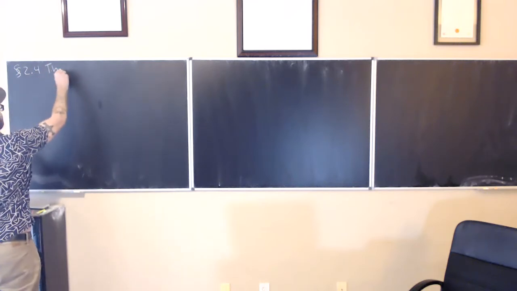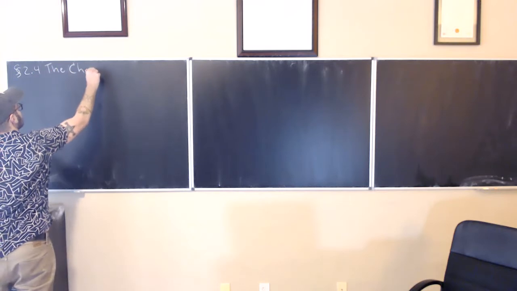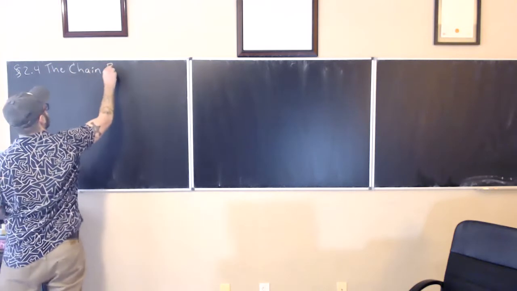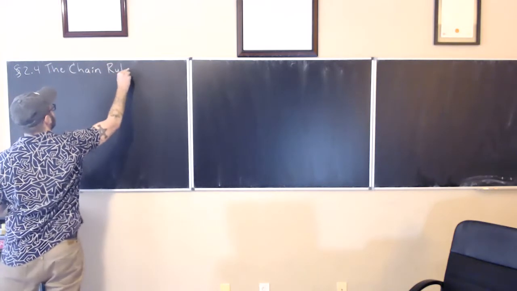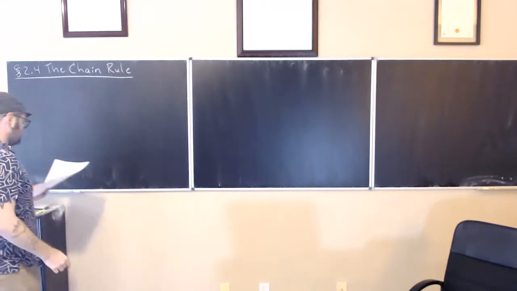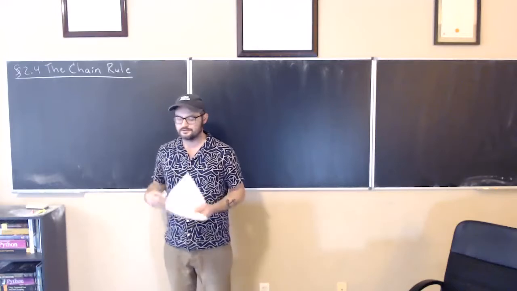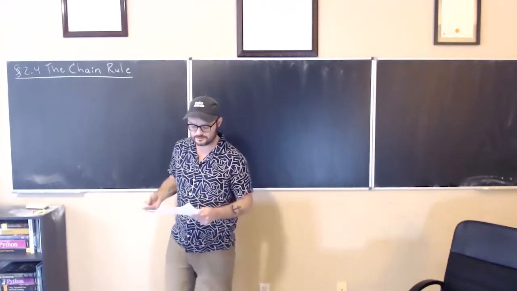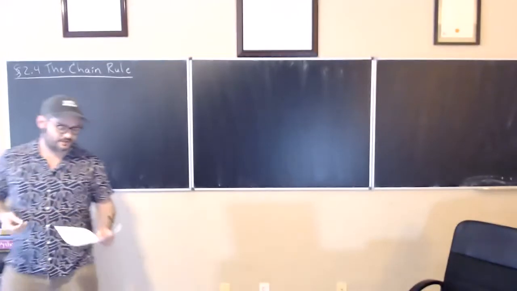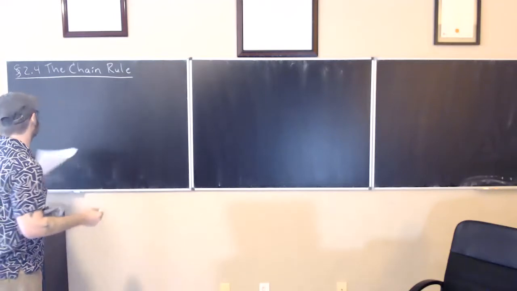This rule is called the chain rule. Now, this rule is important for every major: math majors, physics majors, engineering majors, and as data science majors, this is important. Well, I'll just write it out.